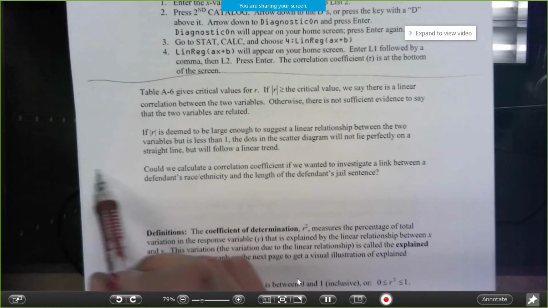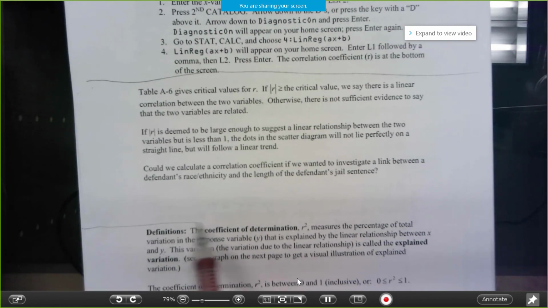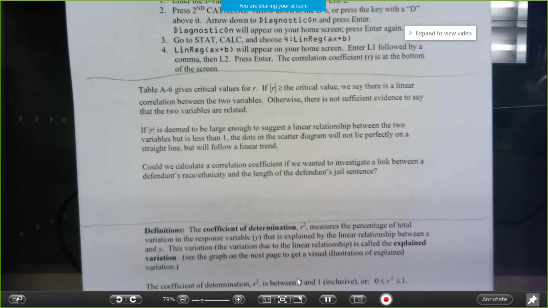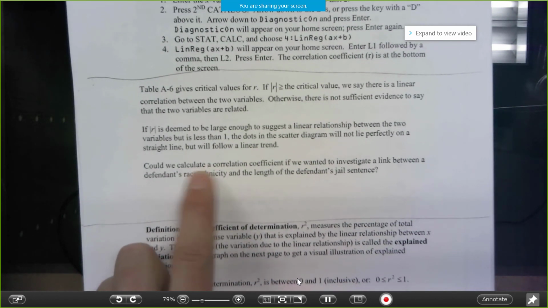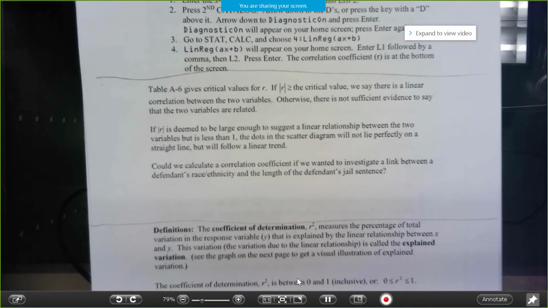We're just going to answer this question right here, and then I'll have you do group work. So this says, could we calculate a correlation coefficient if we wanted to investigate a link between a defendant's race and ethnicity and the length of their jail sentence if they were convicted of a crime? Could we? What kinds of variables do we need?